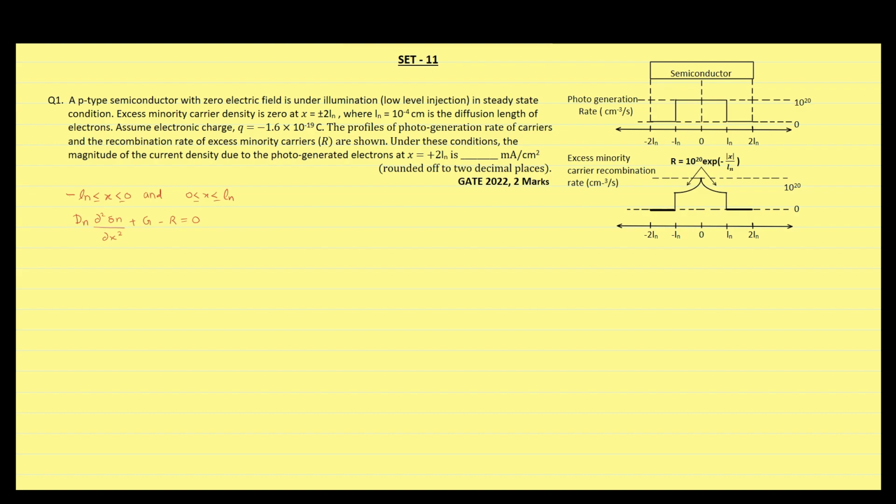That's how we got this continuity equation. Now we can modify this equation. Recombination rate and generation rate both are provided in the diagram, and after putting the values we will get the result.